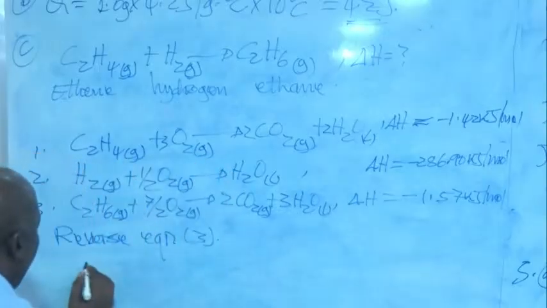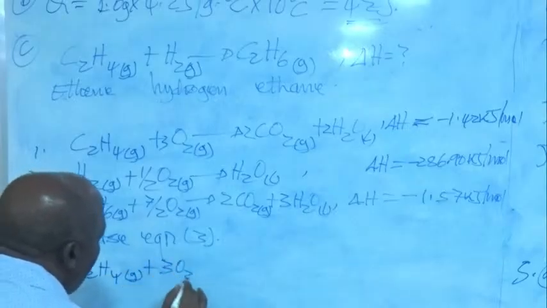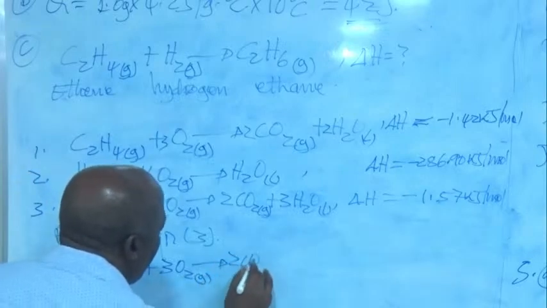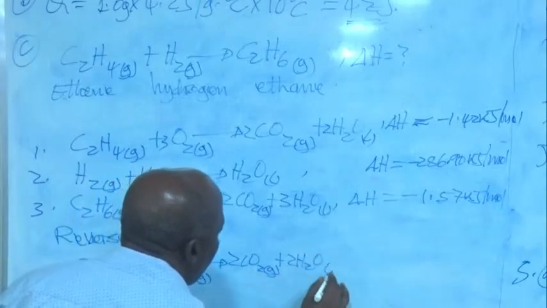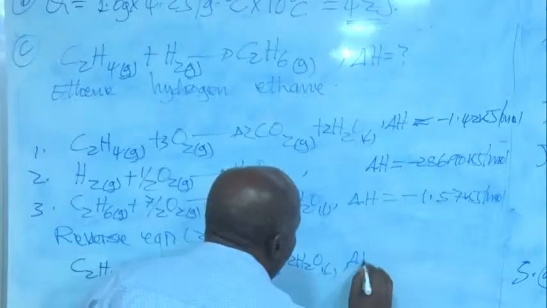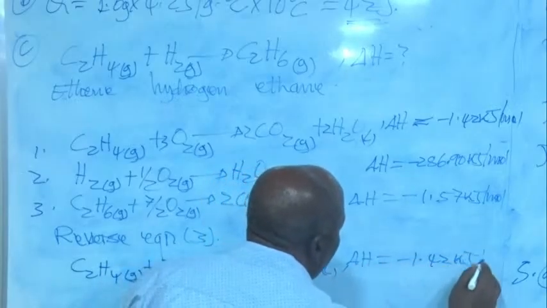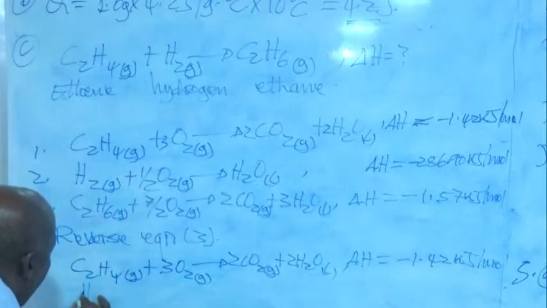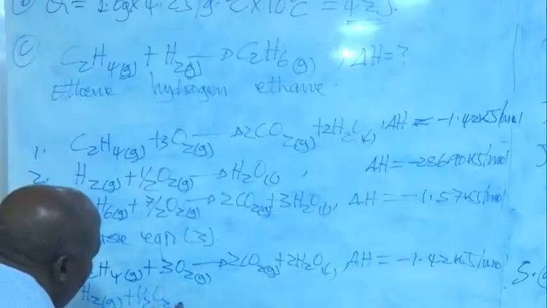So we take equation 1, which is C2H4 gas plus 3 oxygen gas. Then you get 2 carbon dioxide gas plus 2 liquid water. Then the enthalpy change is equal to minus 1.42 kilojoules per mole. Then another one is hydrogen gas plus a half oxygen gas.